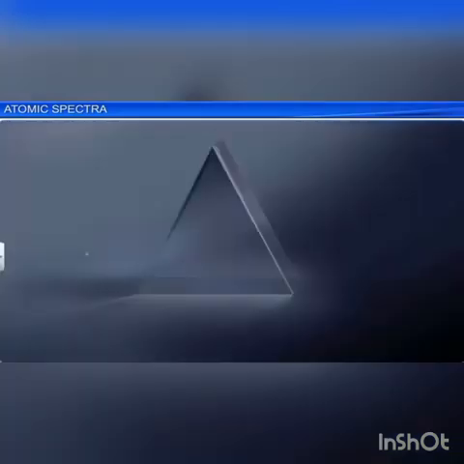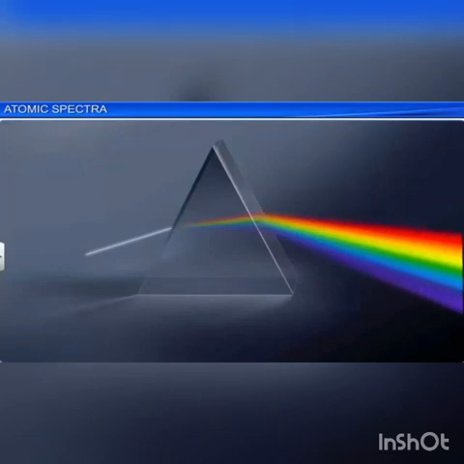When this white light is passed through a prism, we obtain a continuous spectrum consisting of all the wavelengths. This spectrum appears as bright lines where one color gradually merges into the other, without a clear demarcation between the adjacent colors.